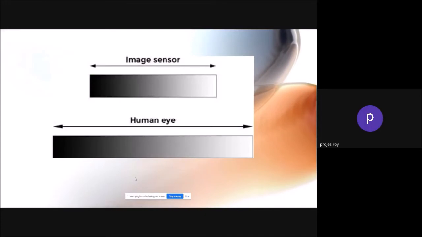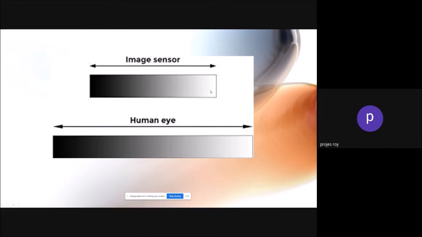Now, what is the sensing dynamic range of images? If you see through the human eye, its range is higher. But any image sensor, either in a camera or scanner, has its own limitation. It cannot be as wide as the human eye.